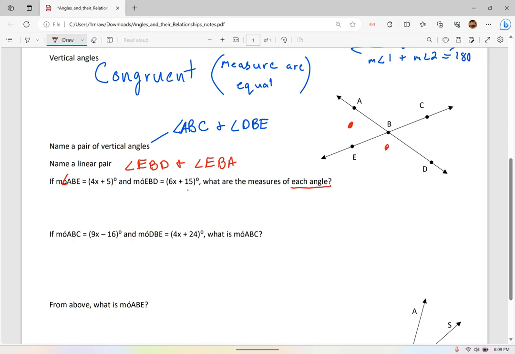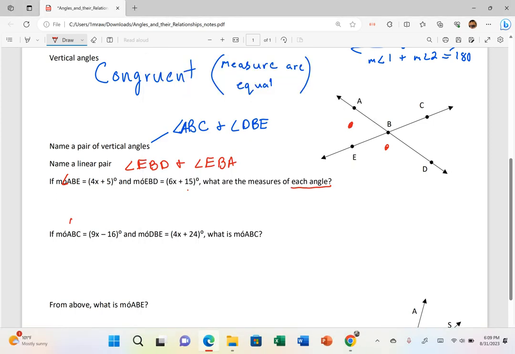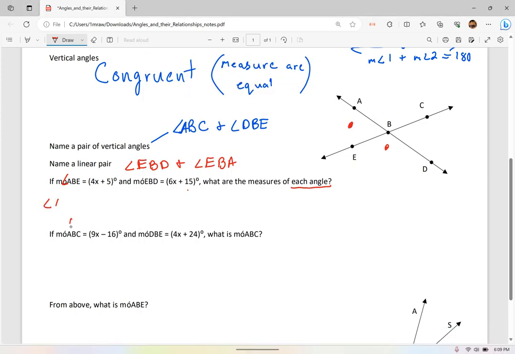Well, first of all, what do I know about those two angles? Angle ABE and angle EBD form a linear pair. That's important because that means they're adjacent, but they also are supplementary, so they add up to 180.